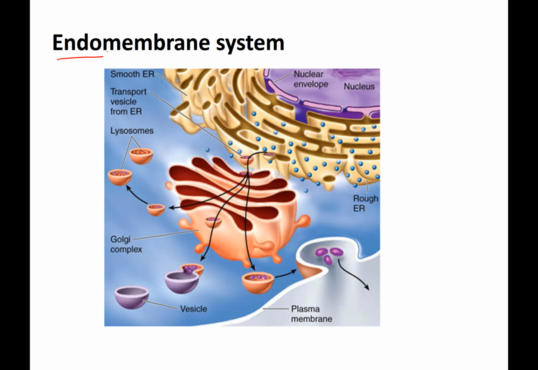And endo in biology stands for inside or internal. So this is an internal membrane system. It consists of the nuclear envelope, the rough and smooth ER, the Golgi, and the Golgi is sometimes called the Golgi complex, the Golgi apparatus, all meaning the same thing.